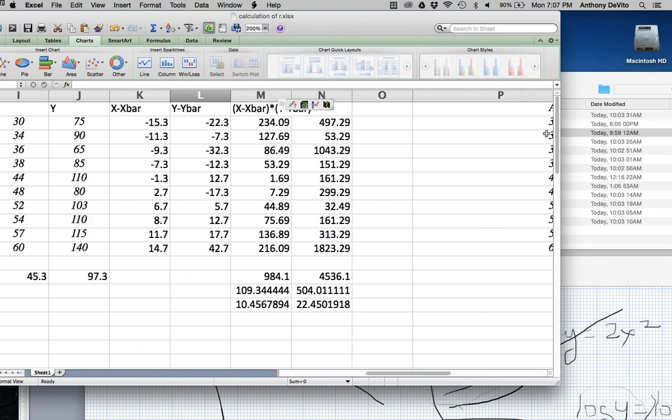Okay, now I'm going to do that over here. Equals, okay, let's see, x minus x bar times, oh, oops, I don't want to be up there, equals x minus x bar times y minus y bar.